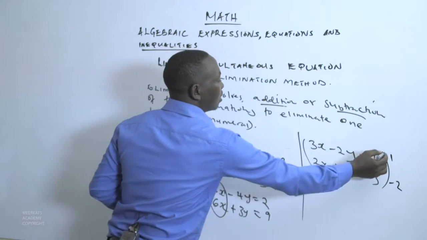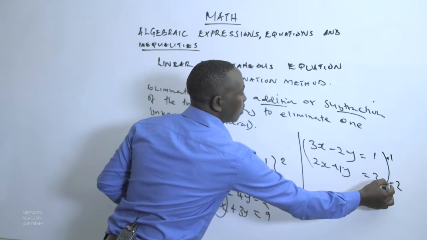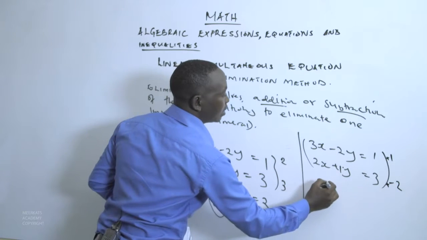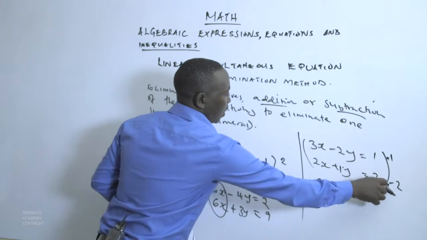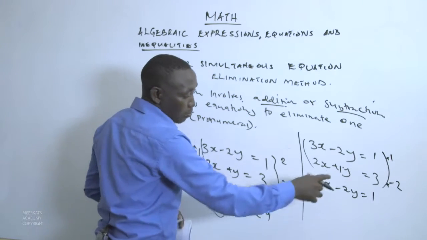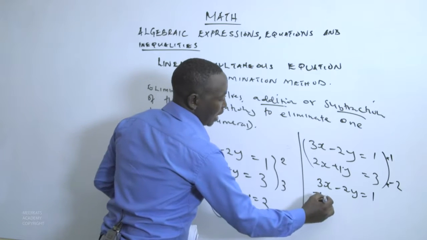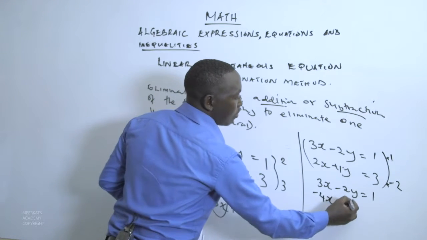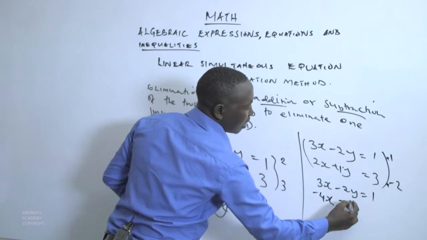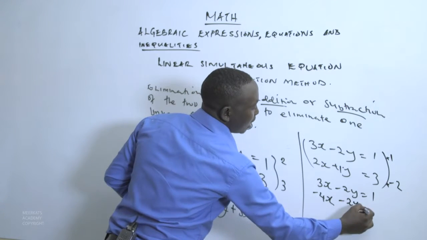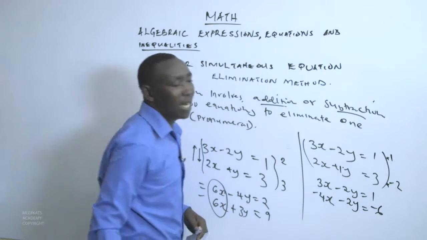When you do that, 1 times 3x will give 3x minus 2y is equal to 1. When you multiply both sides through by negative 2, you'll get negative 4x minus 2 times positive 1y, you'll get minus 2y is equal to minus 6.